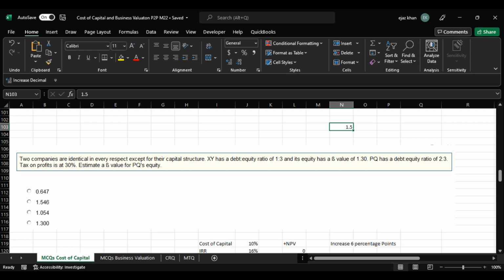Now, if a company has an equity beta of 1.5, it means if on average in the market the value of shares increases by say 10%, that's the average increase in the share price.